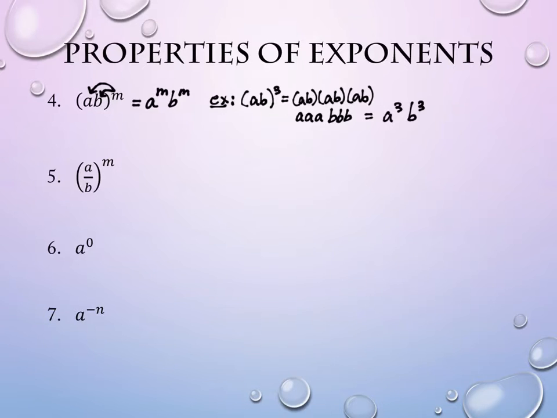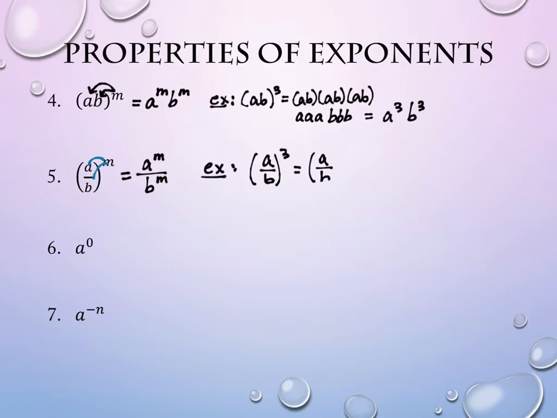Number 5 is almost identical. It's actually easier to show, but you've still got this sort of distribution kind of feel to it. So you've got a to the m over b to the m. I like using powers of 3 because they're big enough to show you what happens without being so big that they're messy to work with. So we're going to do that same a over b cubed.